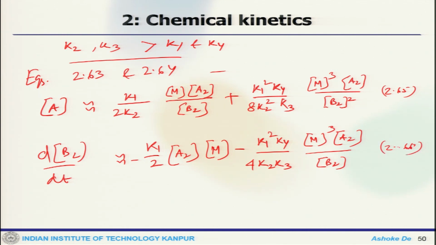In both equations 2.65 and 2.66, the first term dominates in the low pressure situation. So when we have a low pressure situation, these terms are dominating.